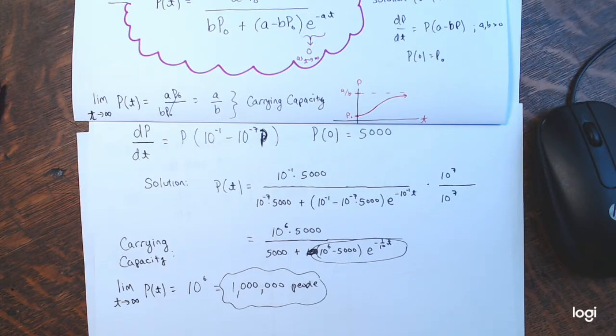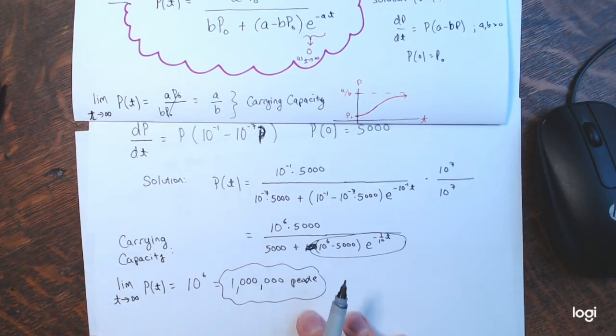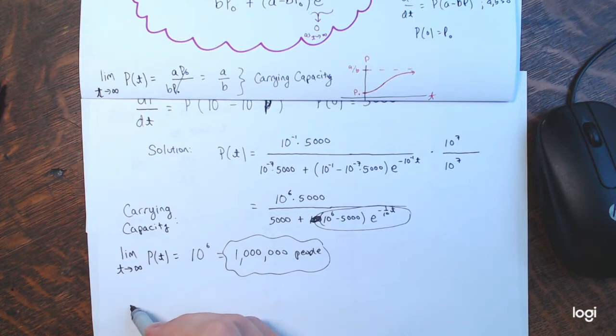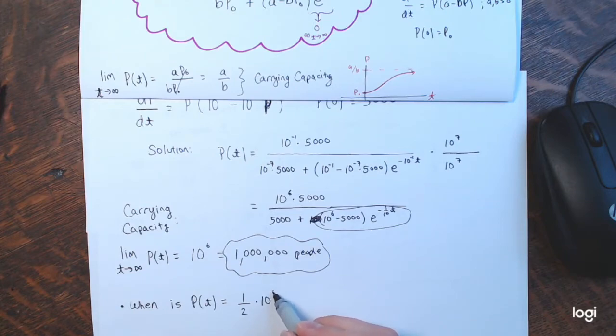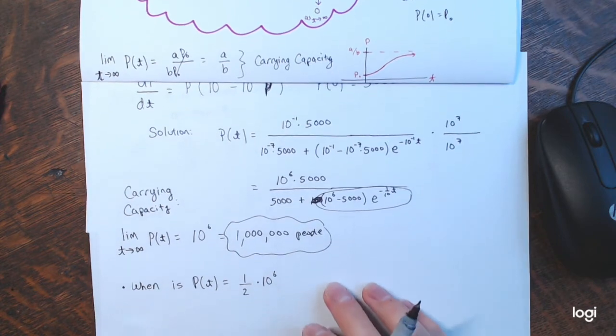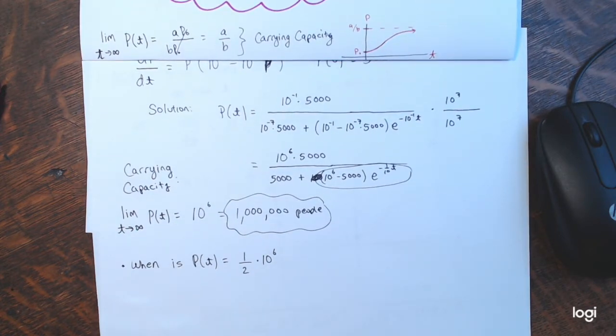All right, then the following question is, at what time will the population be equal to half this limiting value? So the second question is, when is the population equal to half of 10 to the 6th, or 500,000 people? And you're just solving an equation from this. Now it's going to look a little weird.